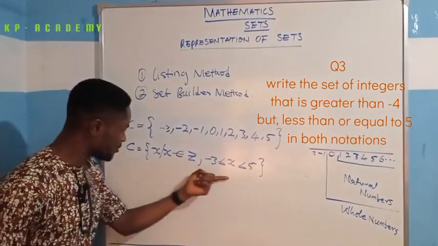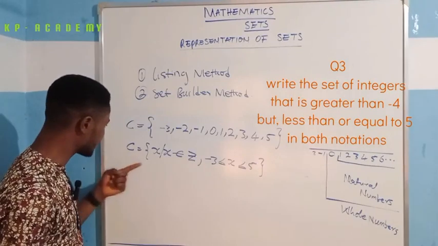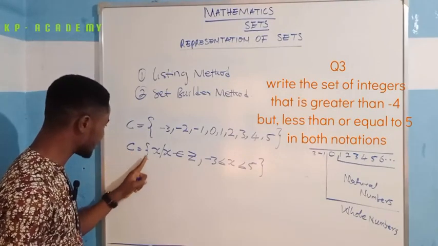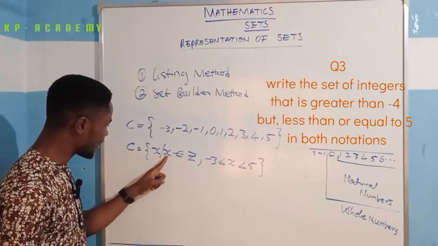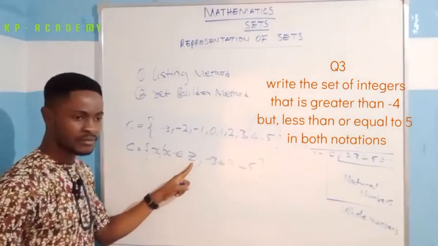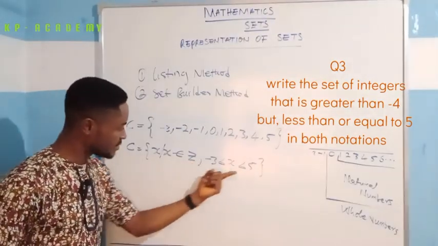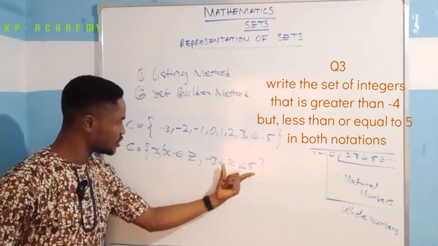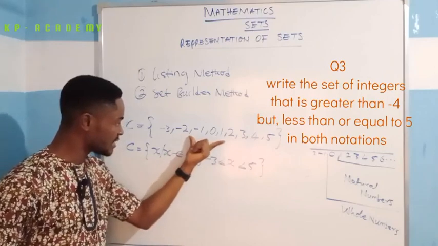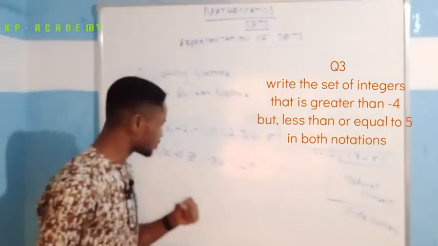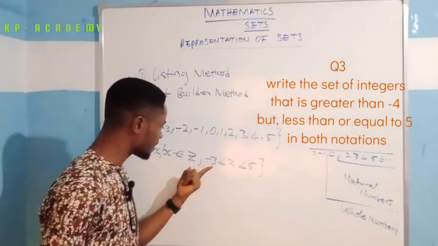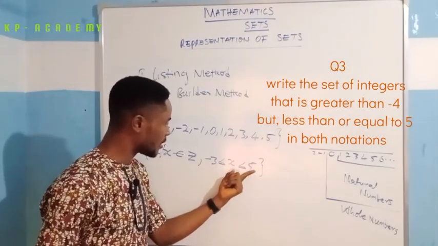Let me read the set builder method once again. C is the set of x such that x is an element of integer. This part tells us the range of the set in the listing method: x ranges from -3 to +5.